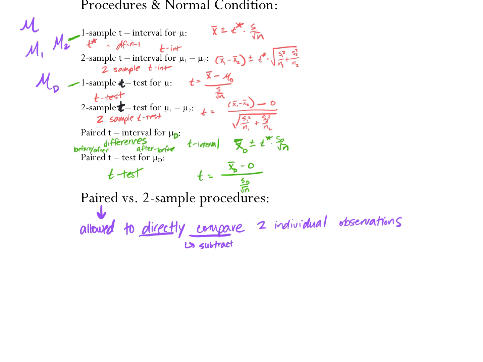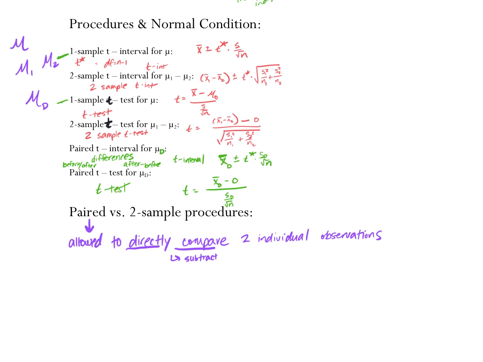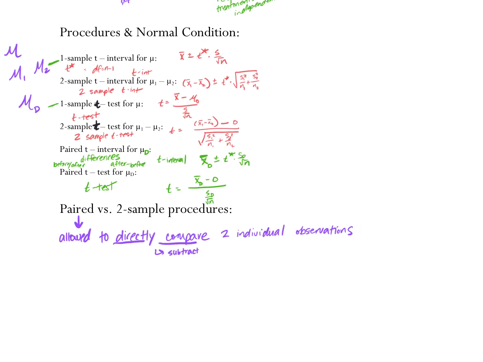Okay, so for example, I'm going to kind of draw this up in this margin here. If we were to have everybody complete a task with their right hand and with their left hand.